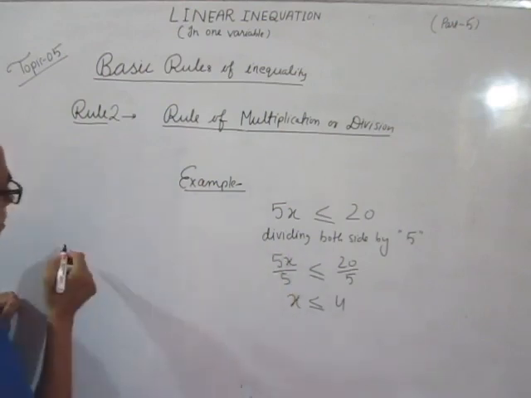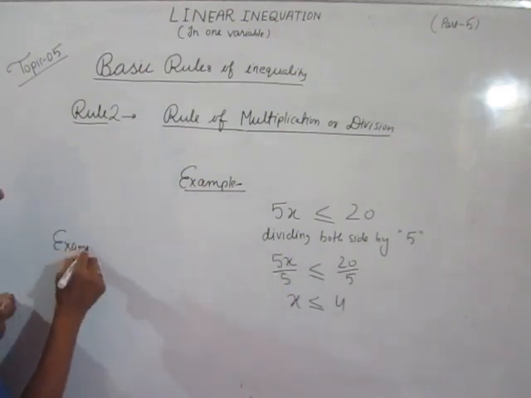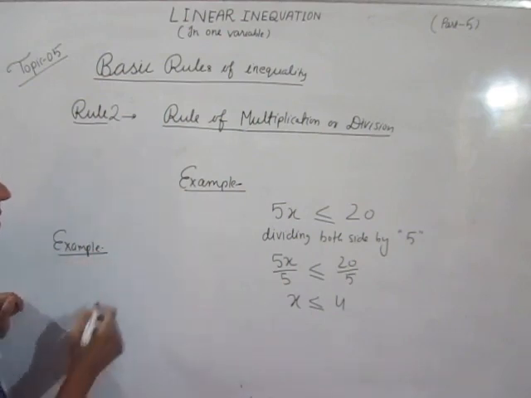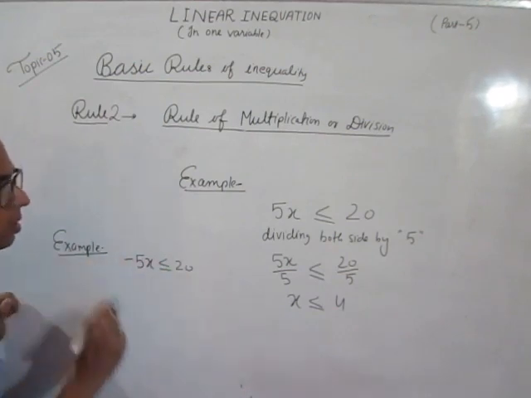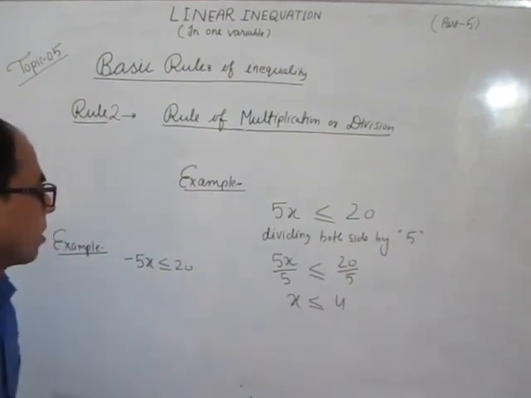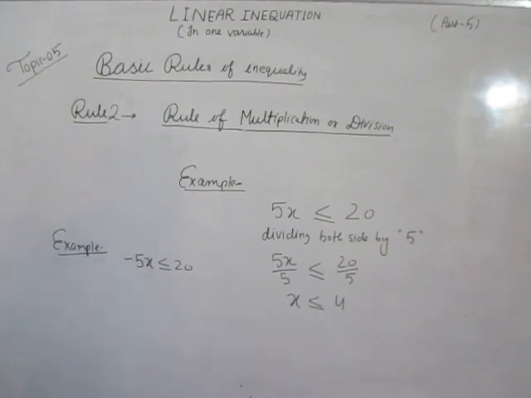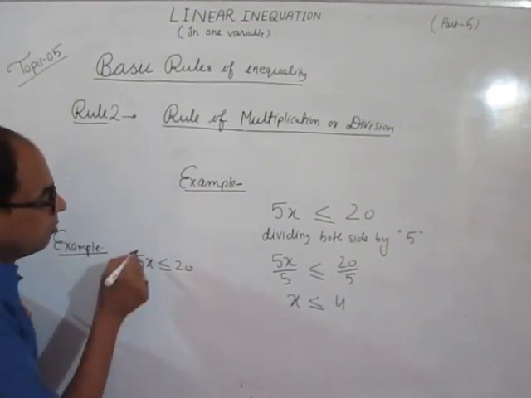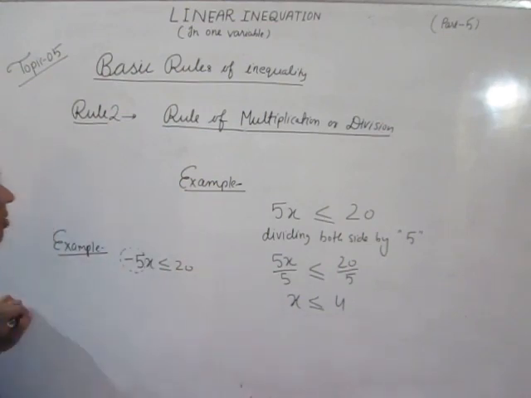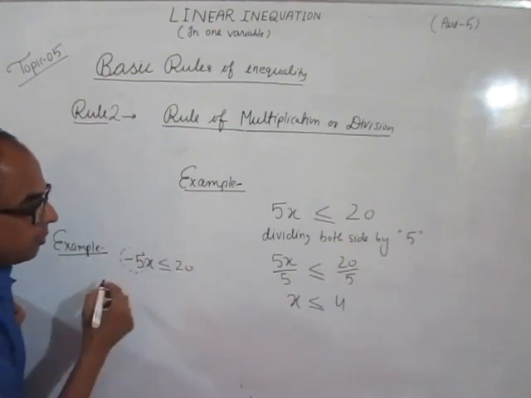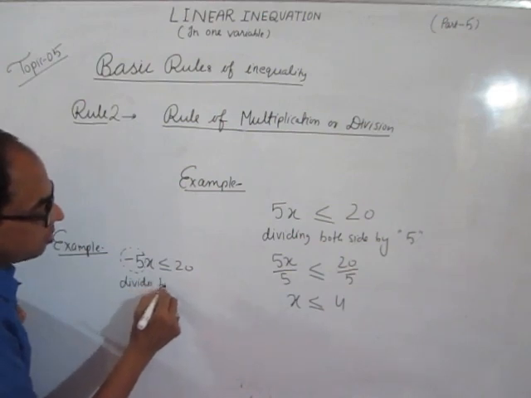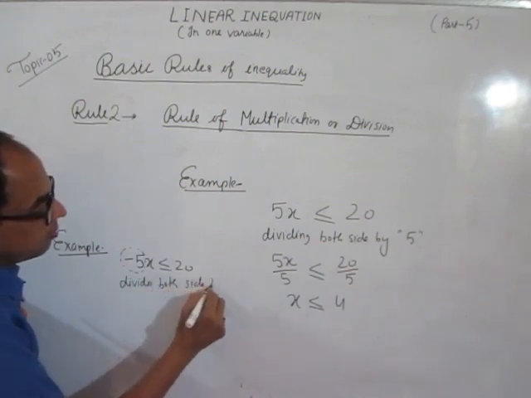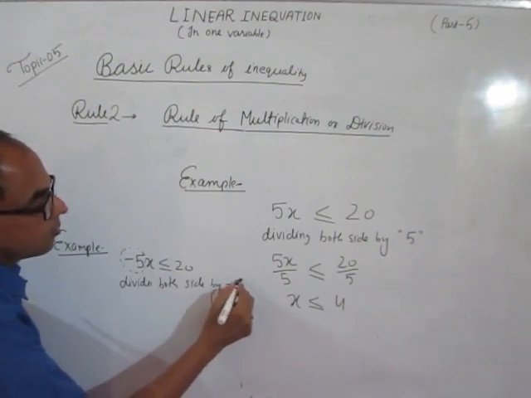Now suppose you are getting this one, minus 5x less than or equal to 20. Suppose at any step you are getting this inequation. Now we want to remove this coefficient minus 5. To remove this coefficient minus 5, what we can do is divide both sides by minus 5.